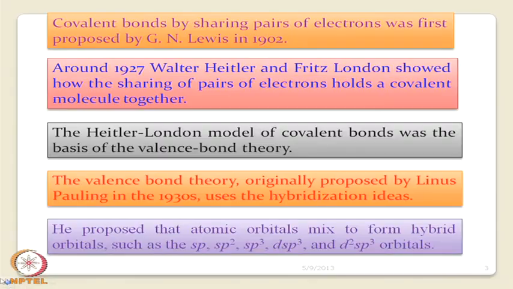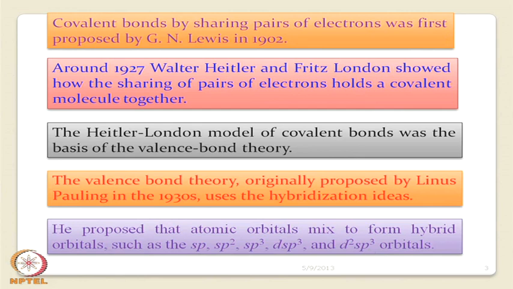Similarly, we can have the corresponding sp2 hybridization, dsp3 hybridization and d2sp3 hybridization. When d2sp3 hybridization is taking place, we are mixing two d orbitals, 1 s and 3 p orbitals. So, altogether 2 plus 1, 3 plus 3, 6 orbitals we will have.